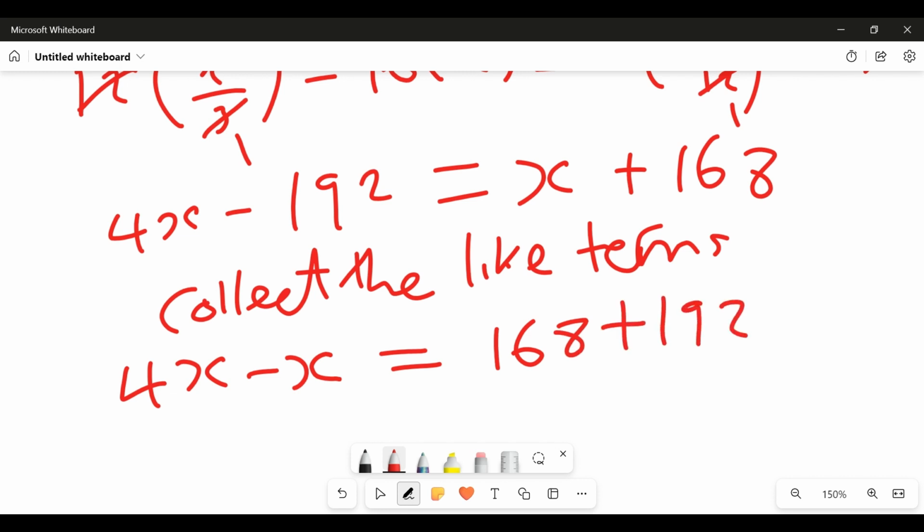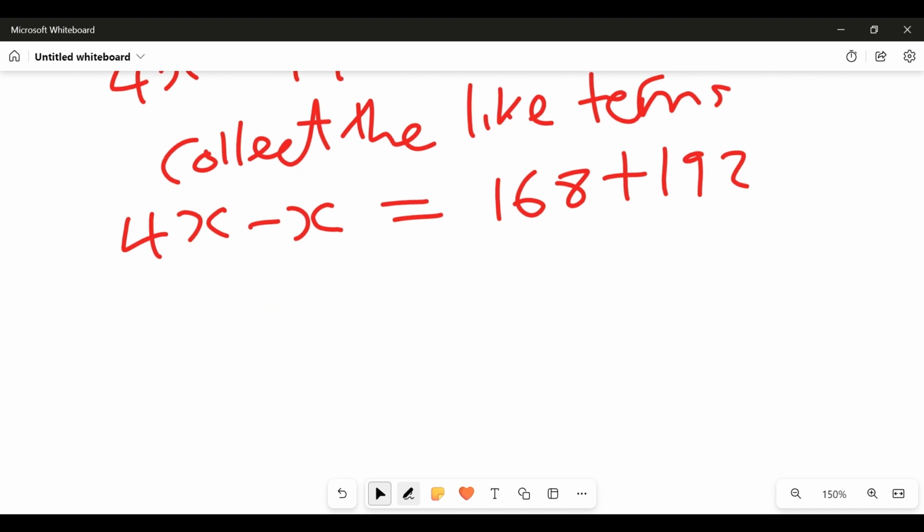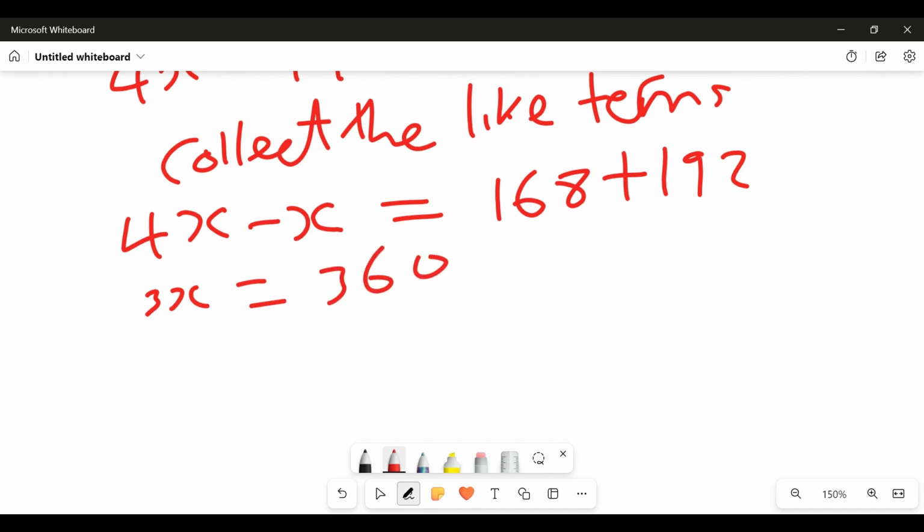Don't forget they will change sign as they are moving to the other side. So now from here, what is 4x minus x? 4x minus x will give us 3x. And 168 plus 192 will give us 360.